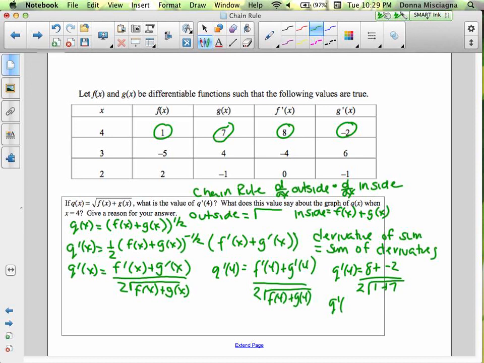So q prime of 4 is 6 divided by 2 times the square root of 8. 2 times the square root of 8 is 2 square roots of 2.